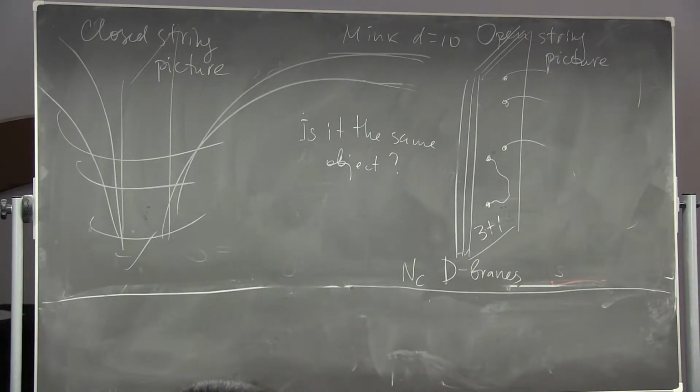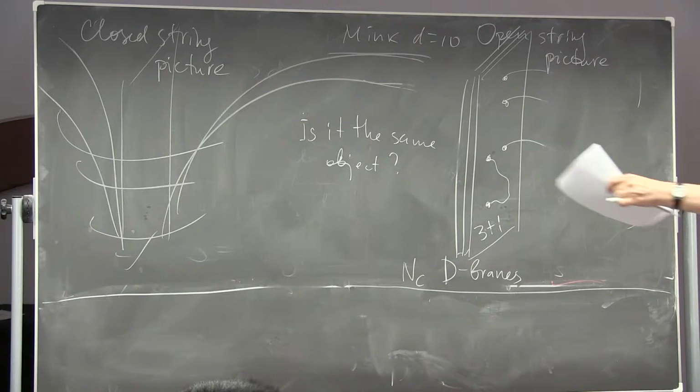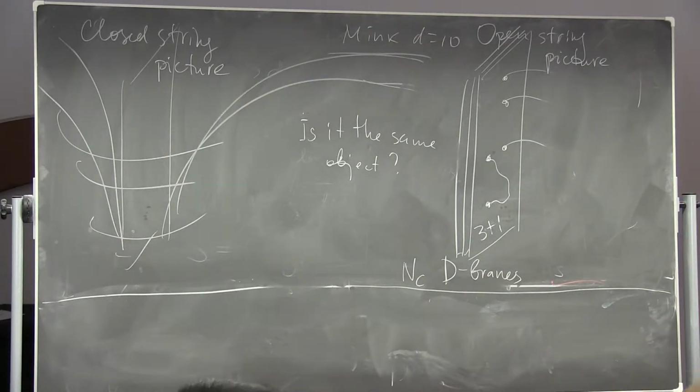And people did this in 1996, 1997. It was actually very, very popular activity at the time. So they did scattering experiments with branes. So you take some field, it could be scalar field or a graviton, for example, and you scatter off object to the left and object to the right and see if the result is the same, right? That's how you compare.